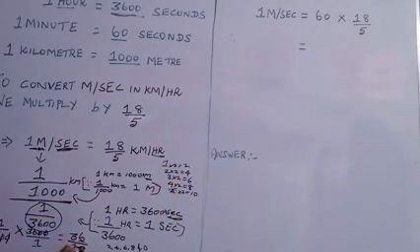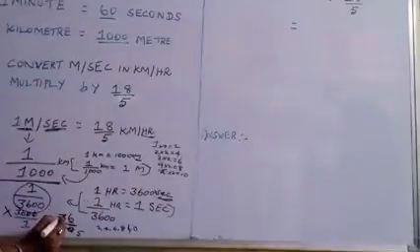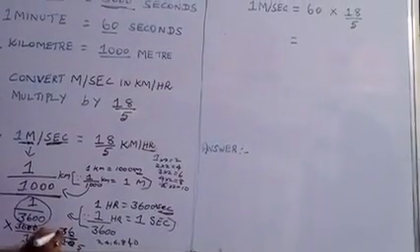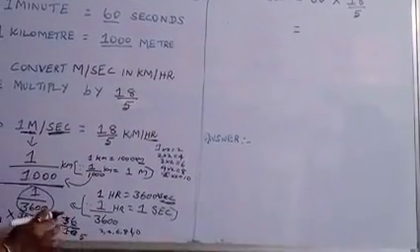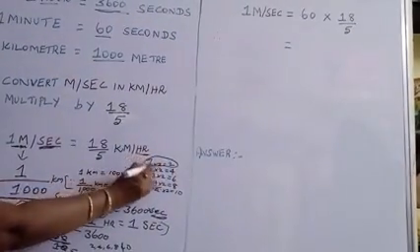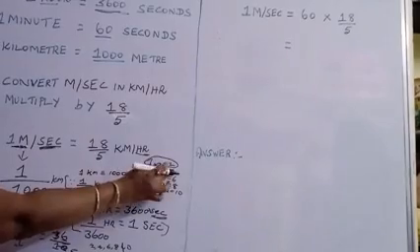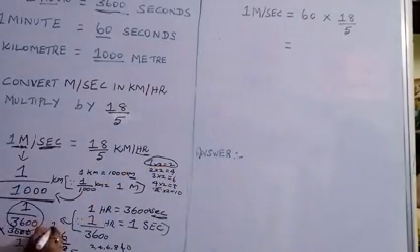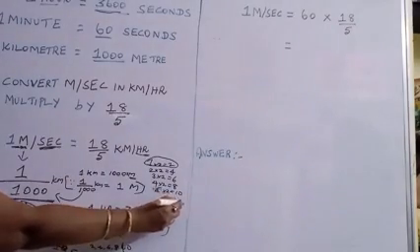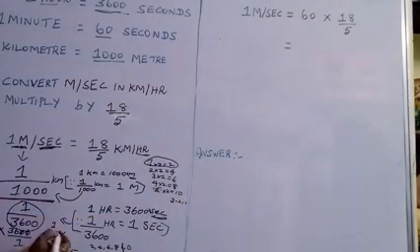So 5 times. Then in your numerator you have 3, which should be greater than 2. How many times 2 in 3? 1 time, because one more time we get 4. So 3 subtract 2, remaining we have 1. That remaining I put here.